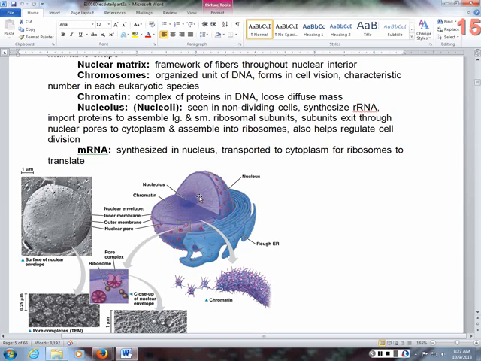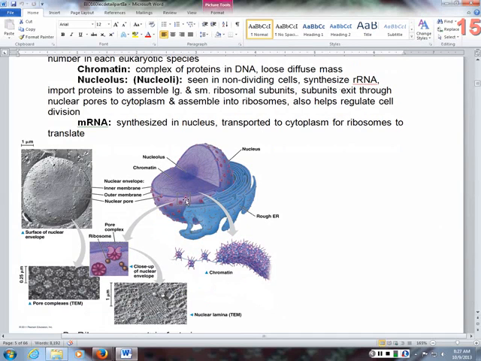Being that a whole ribosome is too big to get out, that's part of the reason for having subunits. It's kind of like saying, well, you need to move your house, we've got to break it into pieces to move it. You're just breaking the ribosome into pieces to get it out the door. And then it also helps to regulate cell division.